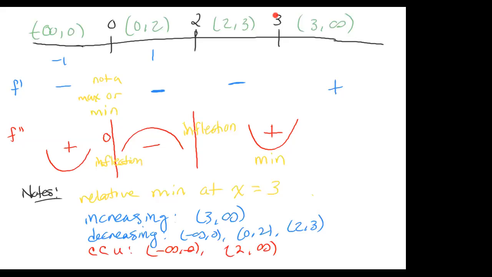It can only change at the locations where the second derivative is equal to 0. And the graph is concave down on 0 to 2. Lastly, I could say that there are two inflection points, at x equals 0 and x equals 2.